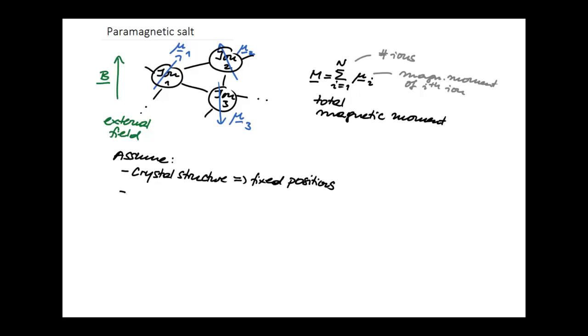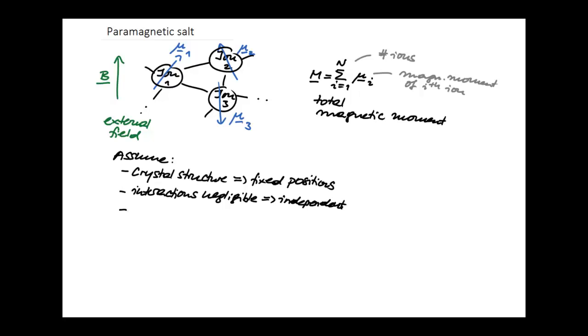I would also like, for simplicity, to neglect any interactions between the ions. So each elementary magnetic moment is independent. Of course, in practice this is not correct. There are always interactions, but we will assume that these interactions are negligible, and therefore we can treat the ions as independent.